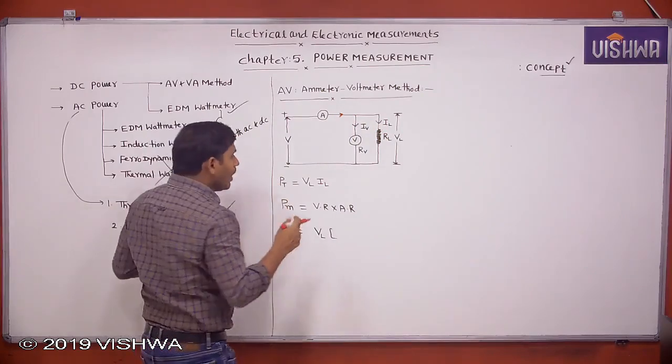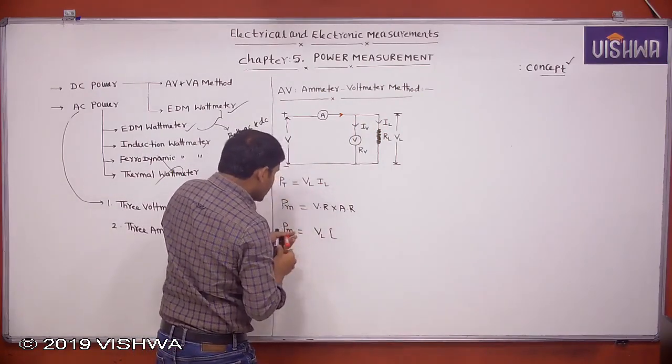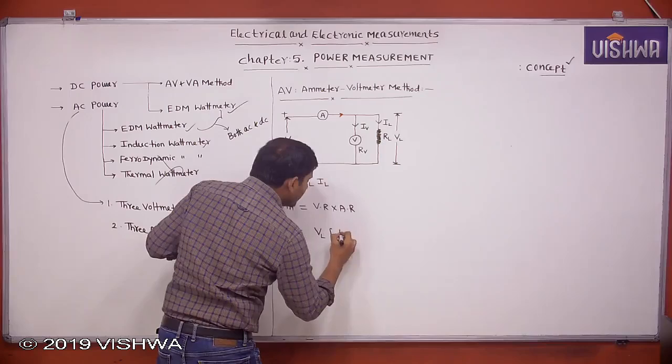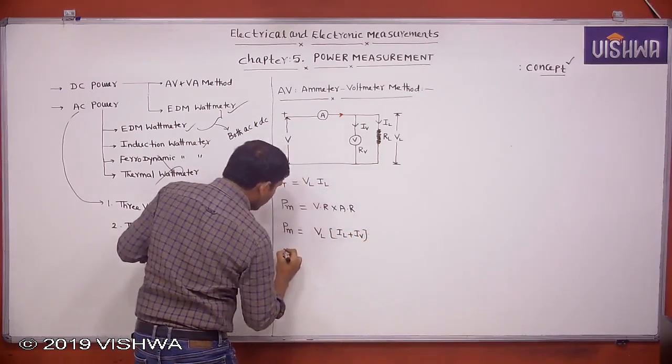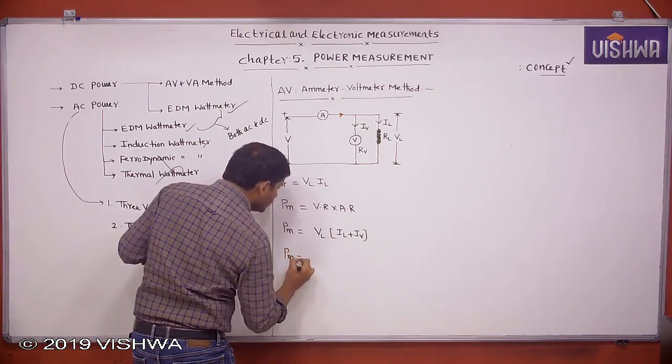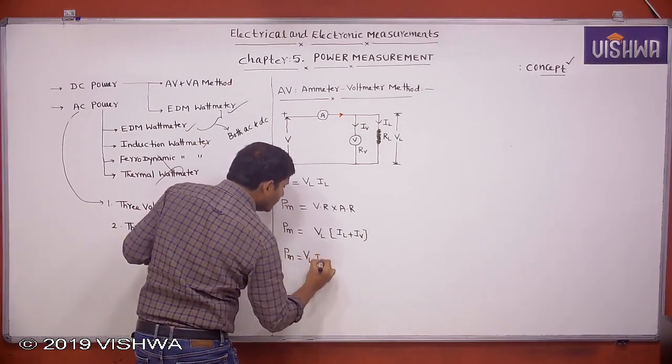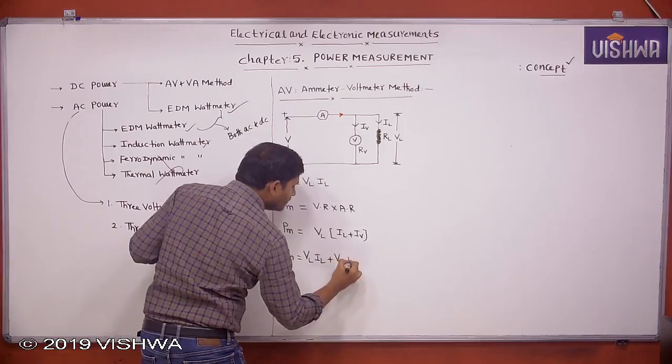So the ammeter measures IL plus IV. Then the measured power equals VL into IL plus VL into IV.